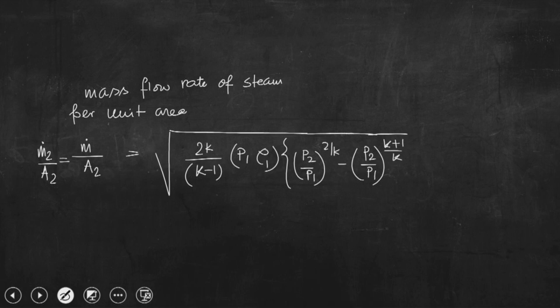So, this is the expression of the mass flow rate of steam through the nozzle per unit area.